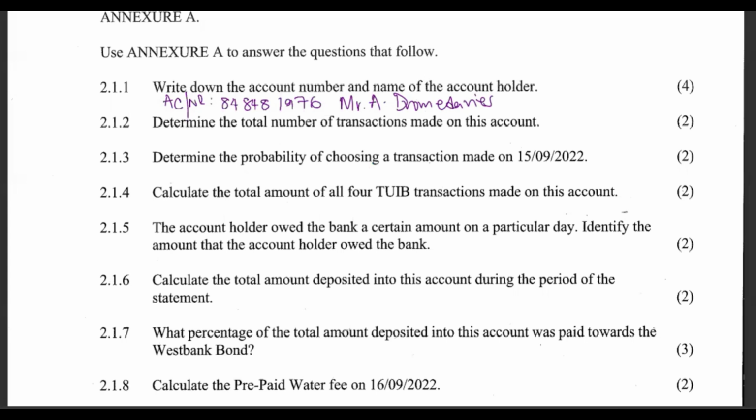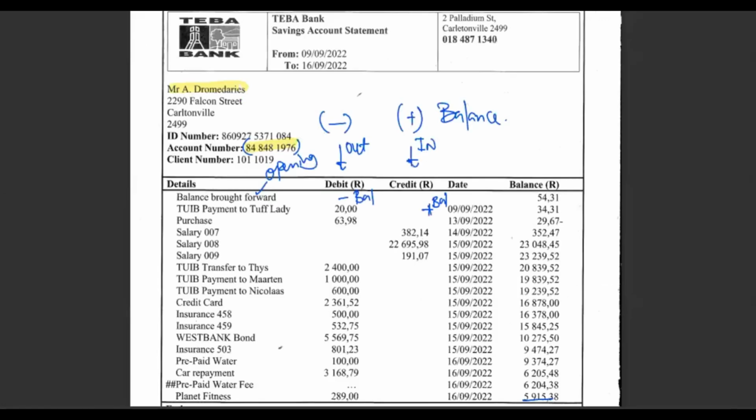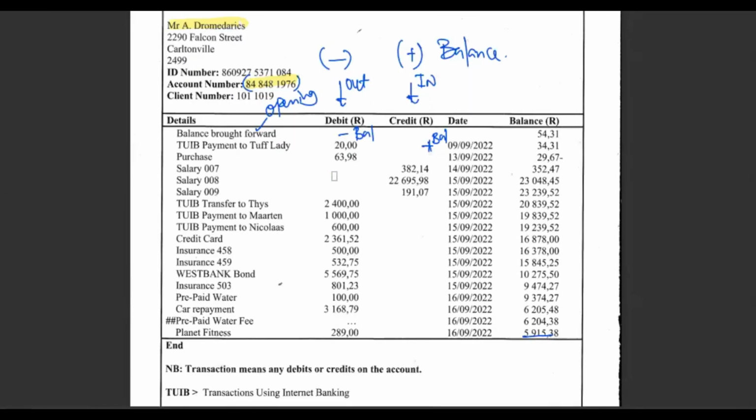Okay, determine the total number of transactions made on this statement. Total number of transactions, we have 1, 2, 3, 4, 5, 6, 7, 8, 9, 10, 11, 12, 13, 14, 15, and 16 transactions.